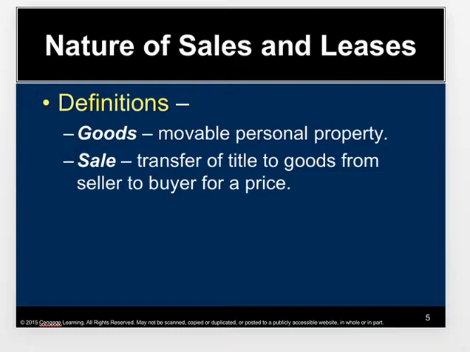If it's not movable, it's usually real property. So if it's movable personal property, those are usually goods. And when we're talking about the sale, simply it's the transfer of title to goods from the seller to the buyer for a price. And that price is the consideration, which we'll be talking about in just a little bit.